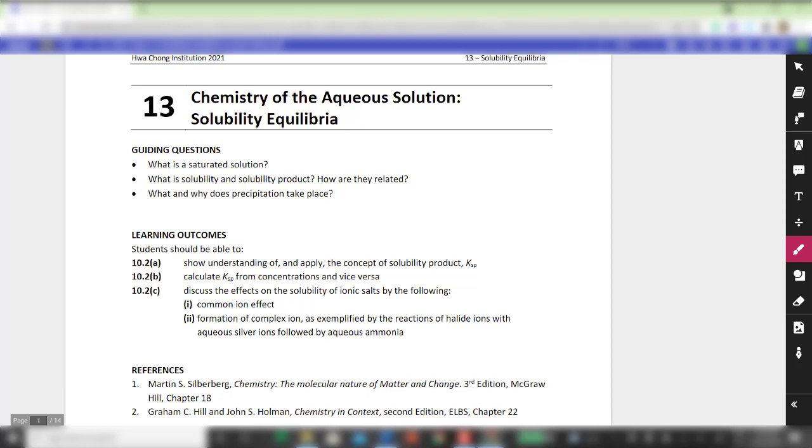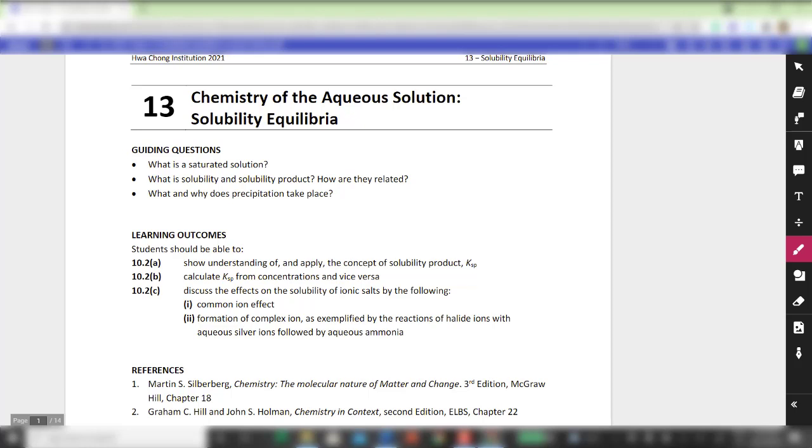So after you learn solubility equilibrium, you will be able to appreciate ideas such as, at the introduction of hydroxide, the ionic product.